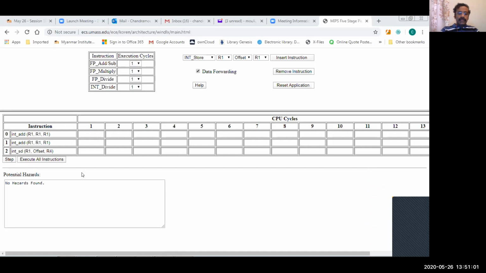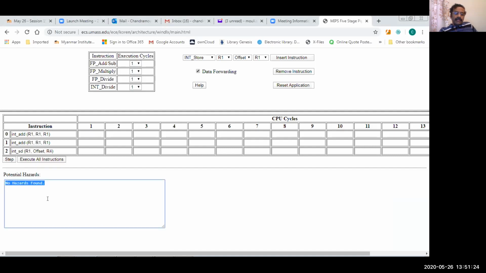I hope you are able to see the screen. So I will do it step by step. We know that the first 2 instructions do not have any stall. If any stall has to happen, it is due to the store. Now you have to imagine, there is a partial result available here.